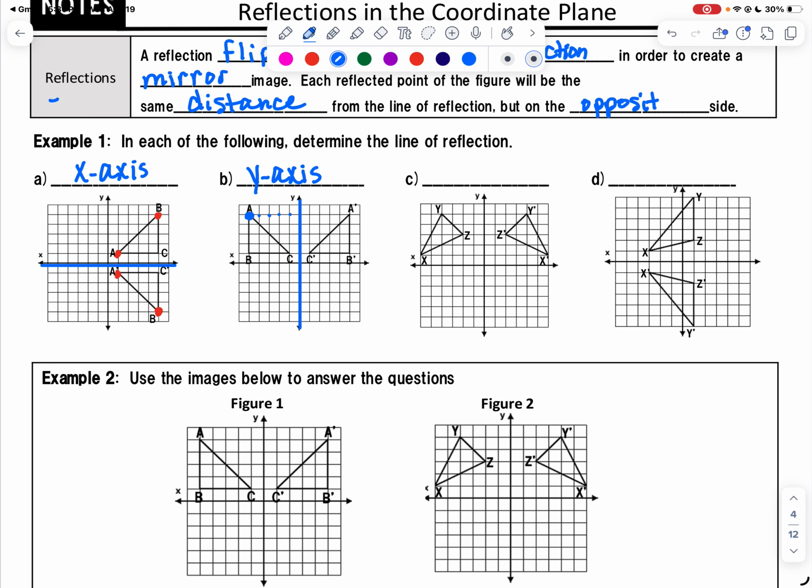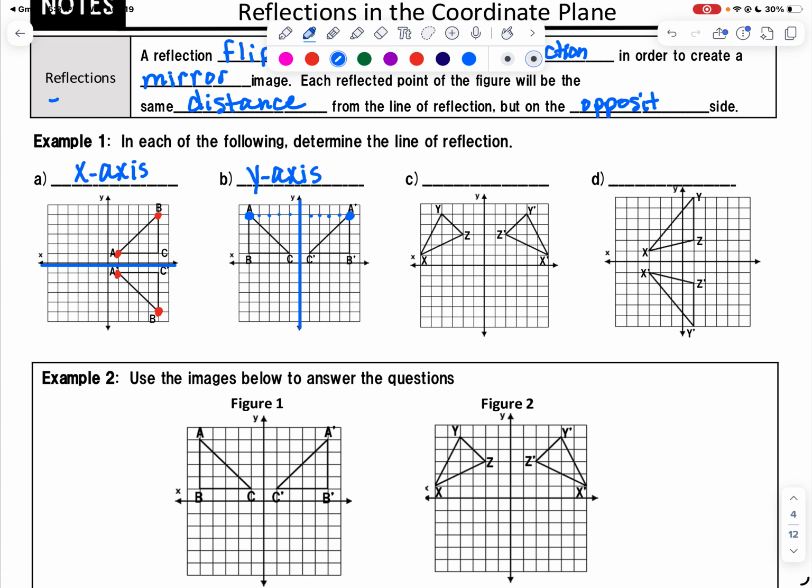So A prime is 5 to the right. So opposite sides of the line of reflection. Now pause the video and try to determine the line of reflection for problems C and D. When you're ready to check your answer, press play.